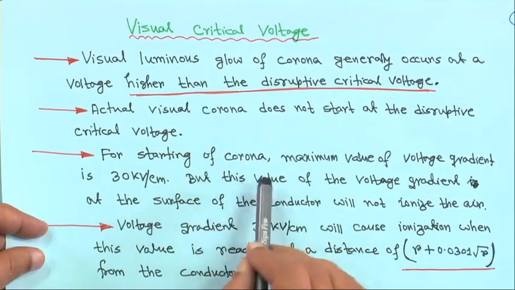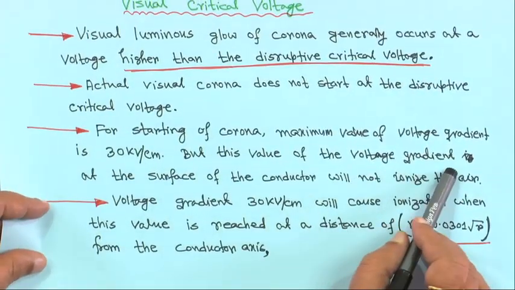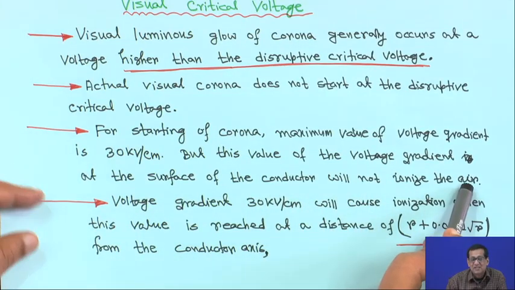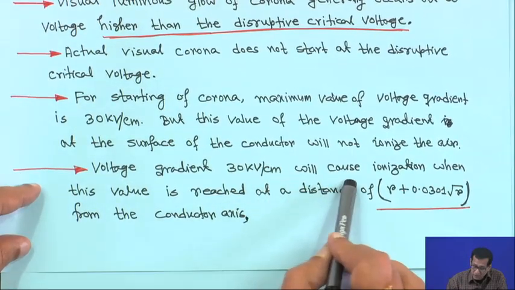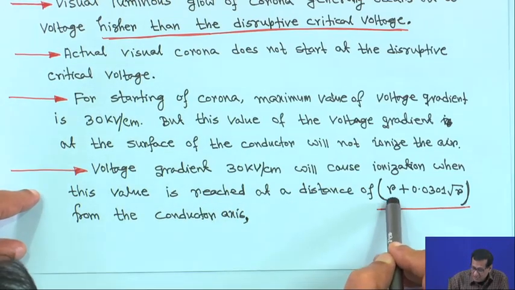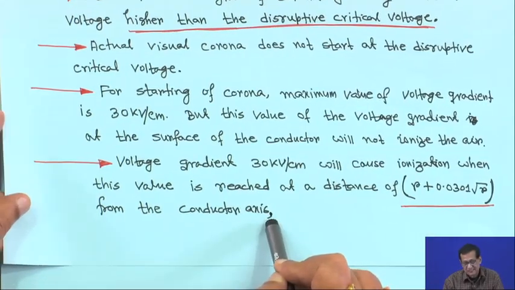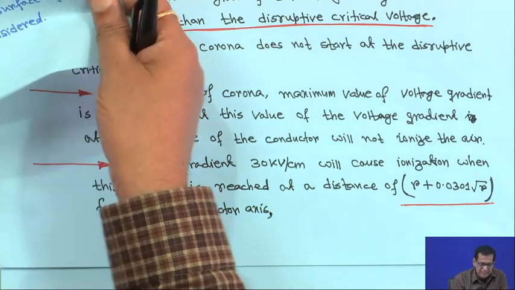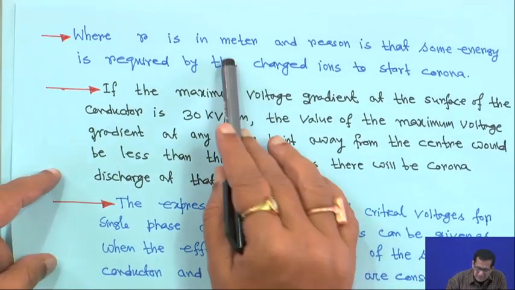For starting of corona, the maximum value of voltage gradient is 30 kilovolt per centimeter, but this value of voltage gradient at the surface of the conductor will not ionize the air. Therefore, the voltage gradient of 30 kilovolt per centimeter will cause ionization when this value is reached at a distance of, by an empirical formula, R plus 0.0301 root R from the conductor axis, where R is in meters.